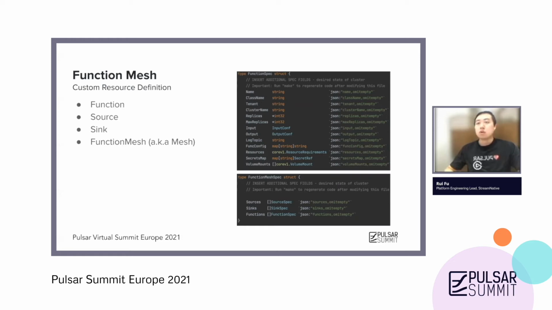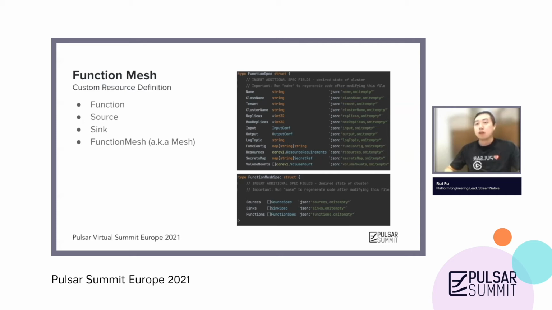As the code block shows, we convert the Pulsar function configurations into a function spec, and likewise for source and sink. Apart from that, we also define a Function Mesh, or mesh, which is a collection of functions and connectors connected by Pulsar topics to achieve more powerful stream processing logic.